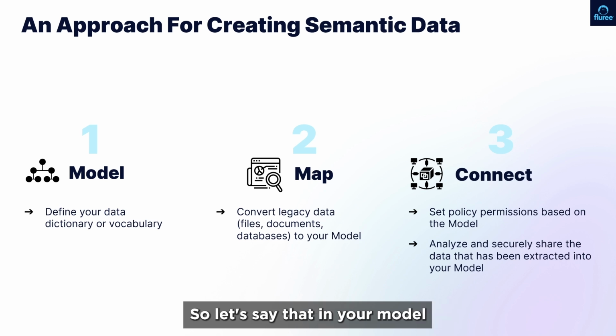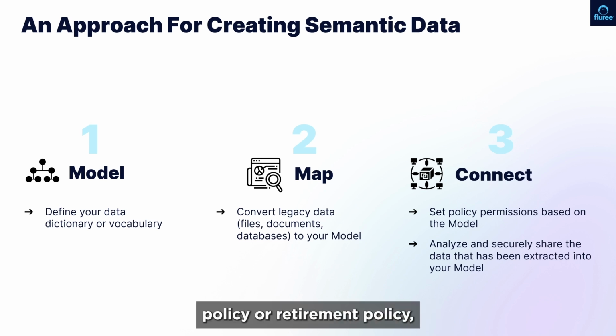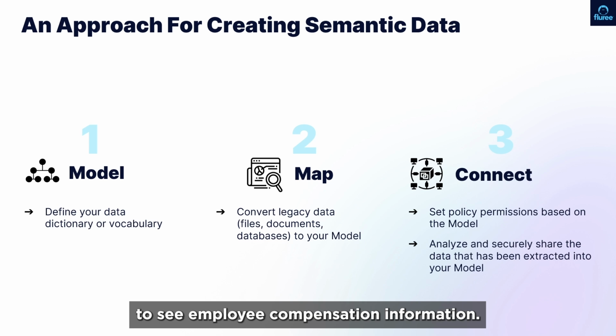So let's say that in your model, you describe HR managers and employees and a thing called compensation, and compensation includes salary plus benefits, and you describe your benefits as having a life insurance policy, retirement policy, work from home policy, etc. You can establish an access control policy that says only HR managers of a certain job title at a certain seniority level are allowed to see employee compensation information.